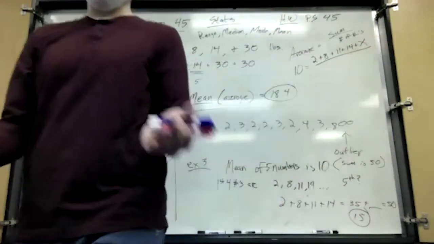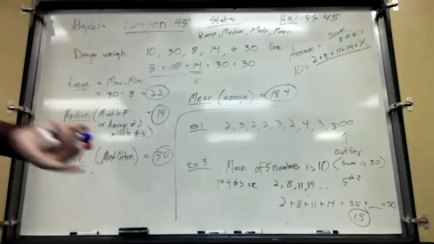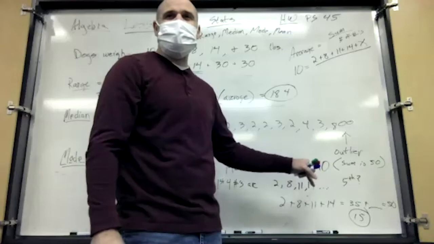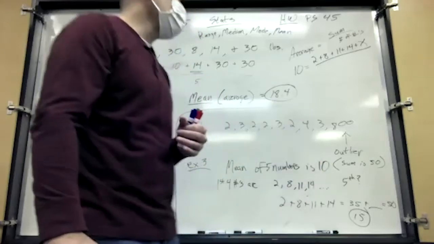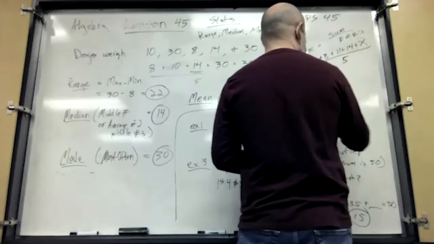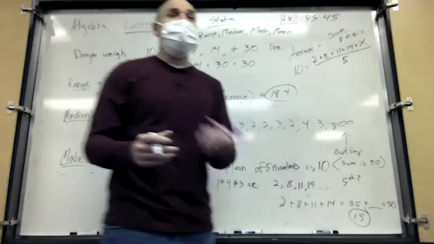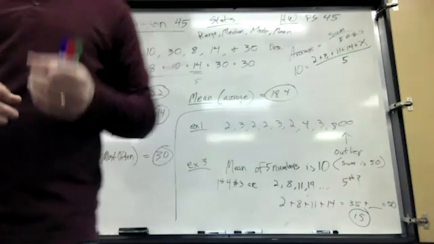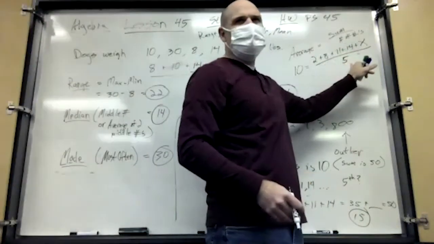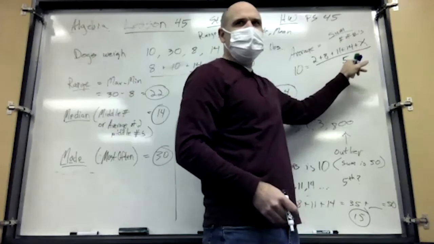I'm going to choose a variable because I don't know the fifth number. And usually the question that's being asked is your variable, okay? All divided by the number of numbers. Well, I know that. I know there's 5. So now I'm going to solve this equation. The first thing I can do to get x by itself is to get rid of that 5. How do you get rid of something being divided?